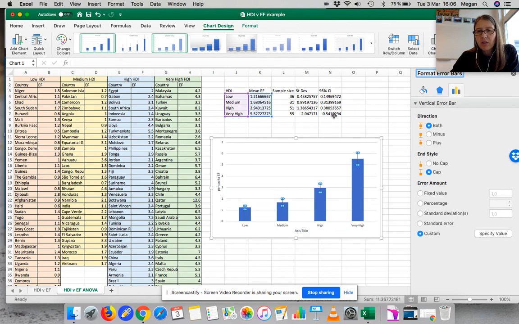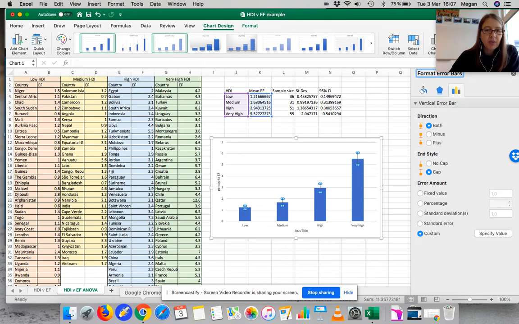This one has the largest confidence interval, so it's got the largest error bar. So if we were to take this measurement 100 more times, 95 of those times the mean would fall somewhere between here and here. Okay. And obviously the smaller the confidence intervals, the closer you are to the mean with that. Okay, so there's our graph.